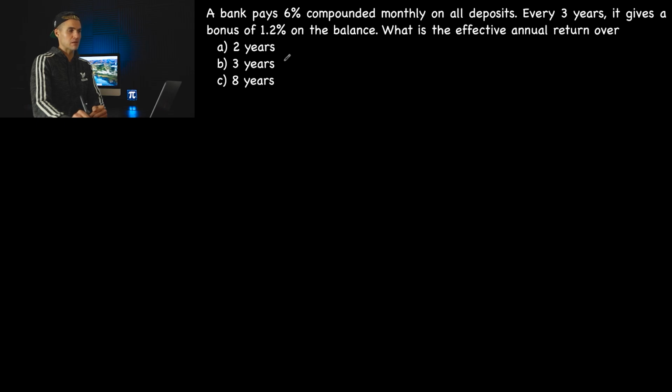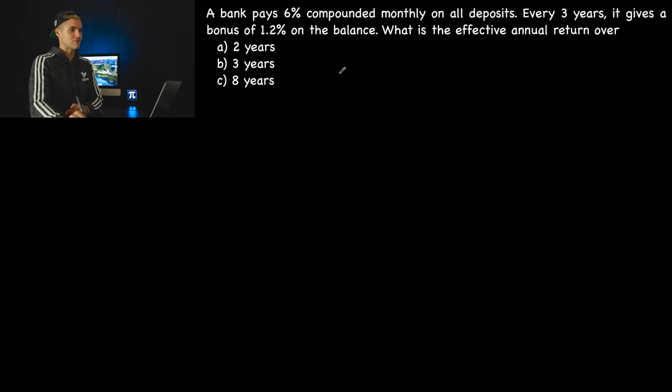In part B, if you have the account for 3 years, you're going to get that bonus at the end of the 3 years. And in part C, they're doing it for 8 years, so you're going to get that bonus twice, at the 3-year mark and the 6-year mark. Okay, but we'll get to those. For now, let's just do part A.